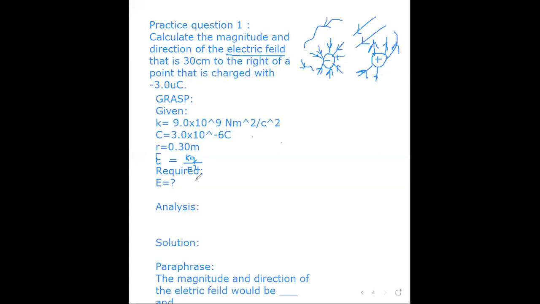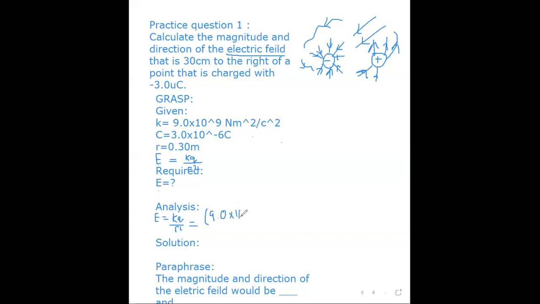What I basically wrote on the calculator was the analysis part: E is equal to k times Q all over r squared. And this is equal to 9.0 times 10 to the 9.